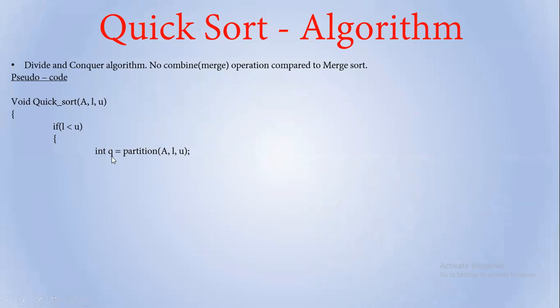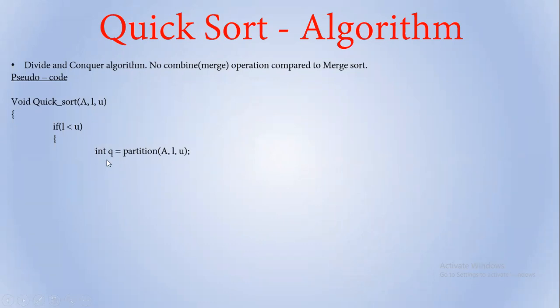So this integer q is going to store the returning value given by partition. What this partition function will do is divide and do some rearrangement to this input array, and at the end it will return some integer.